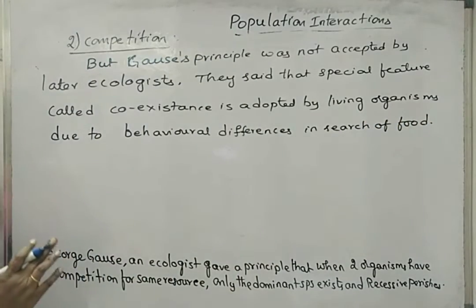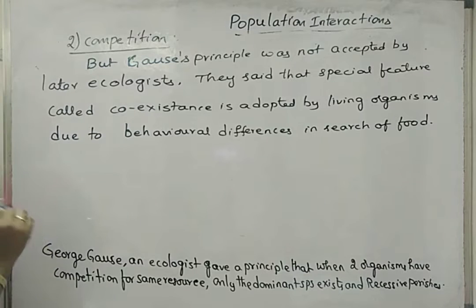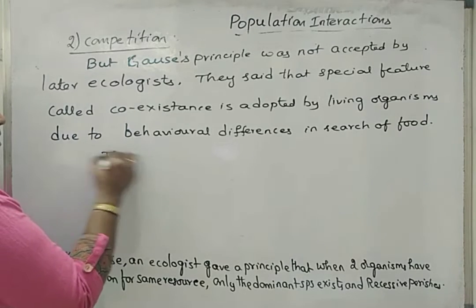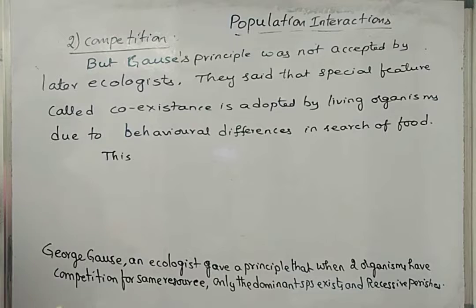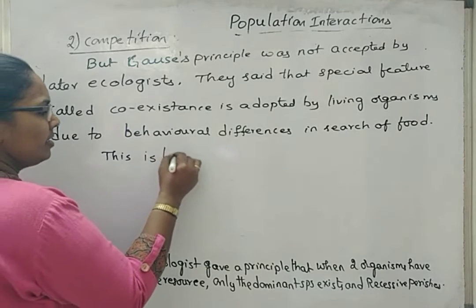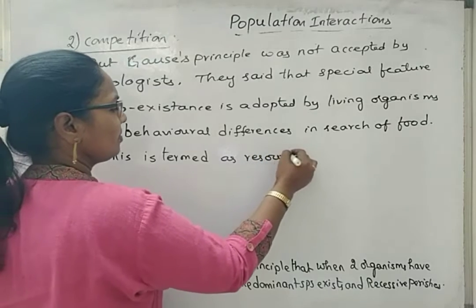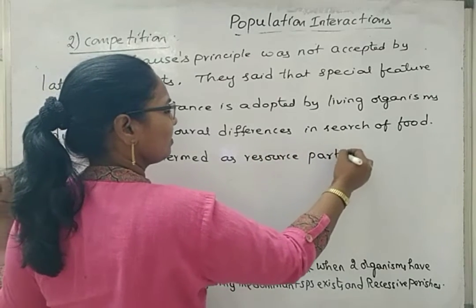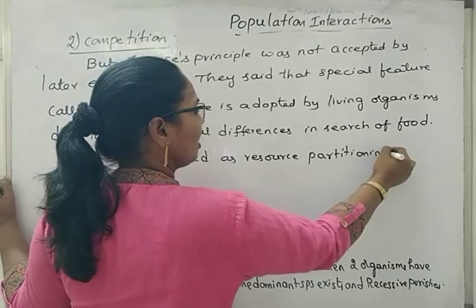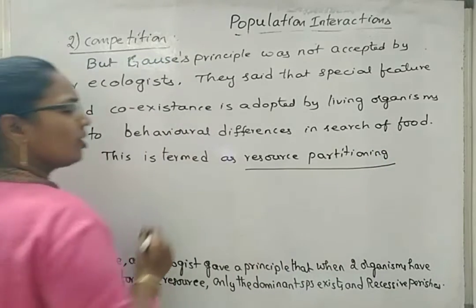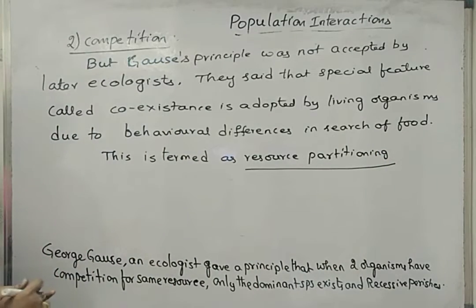So, the organisms have developed a coexistence nature. This is termed resource partitioning. So, Gause's principle was not accepted by the later scientists.